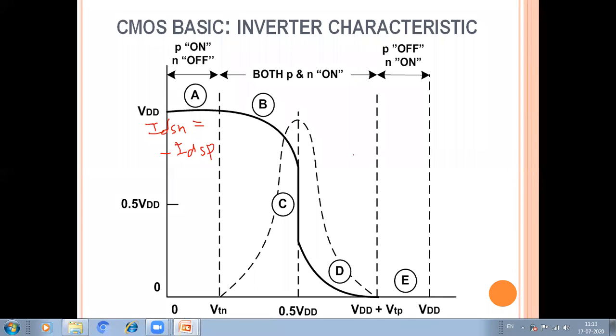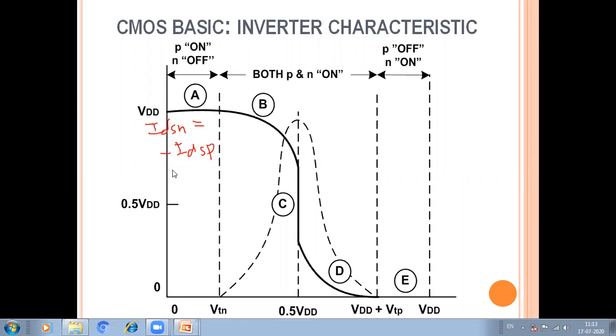So here you can understand the working of the CMOS inverter with its transfer characteristics. The transfer characteristics show input voltage versus output voltage.